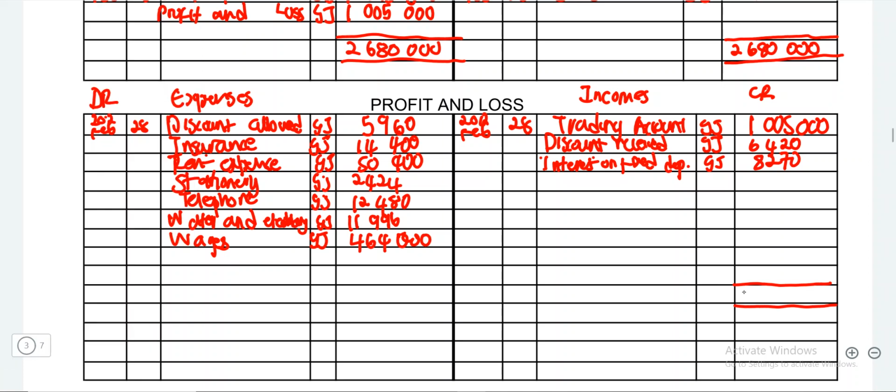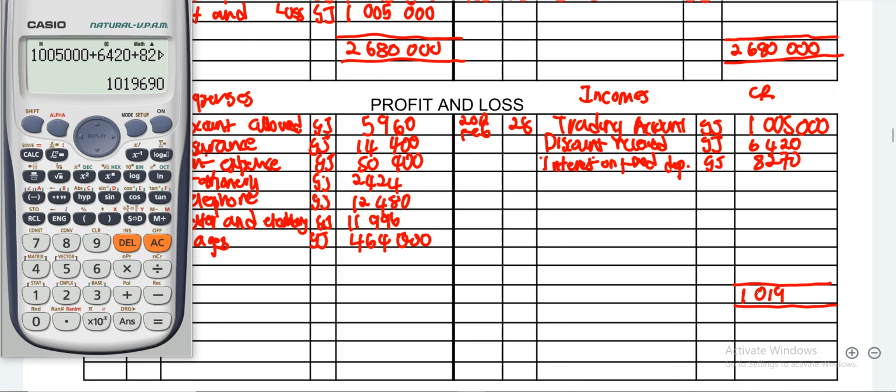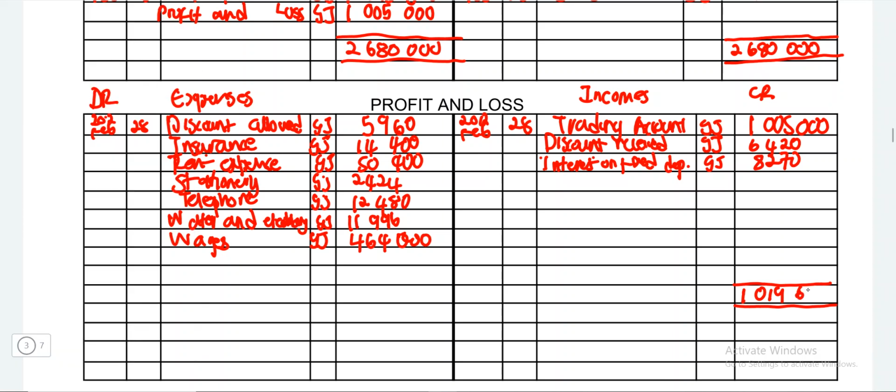So I'm going to write that, 1,019,690, and I'm going to put the same total here. So whatever we are going to get here as a balance, we are going to transfer it to our capital account. We need to transfer that particular profit to capital.